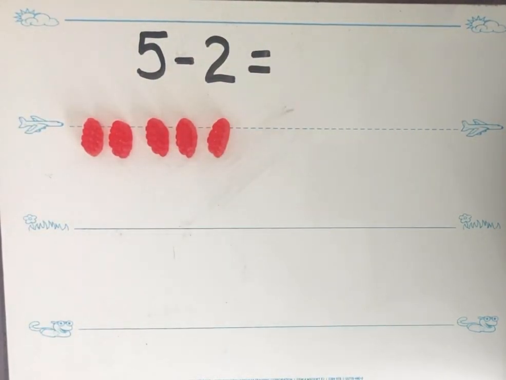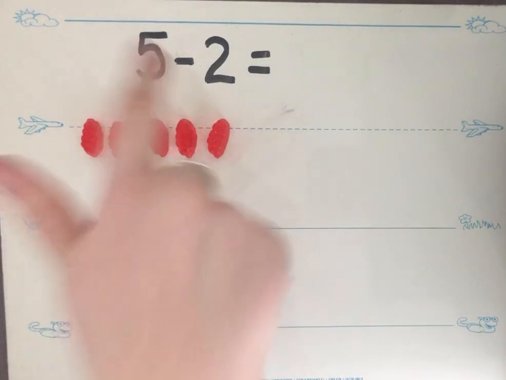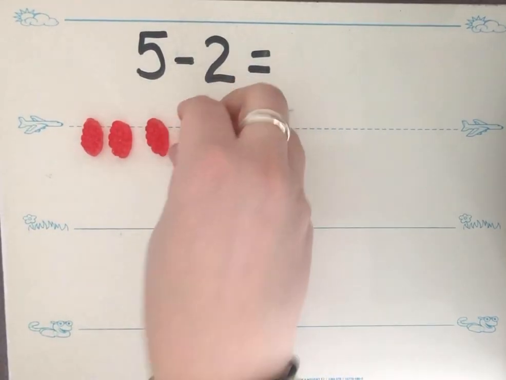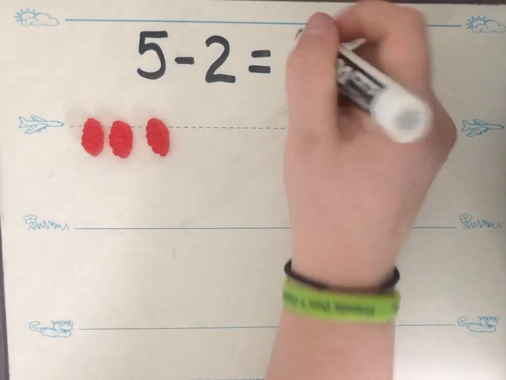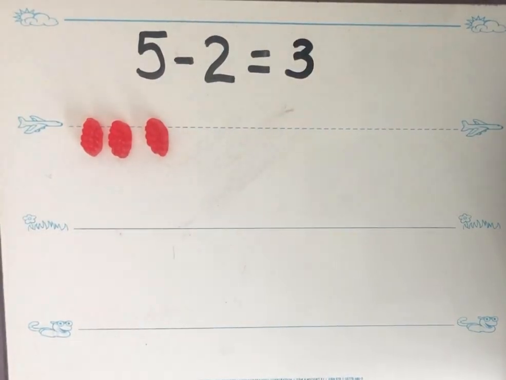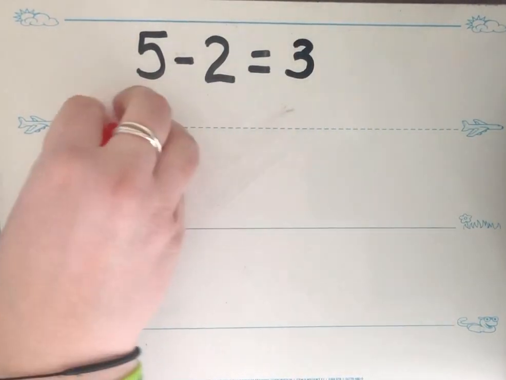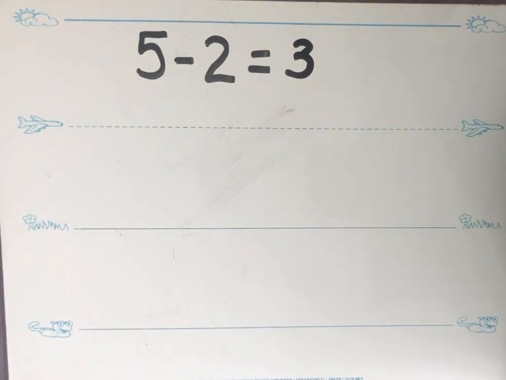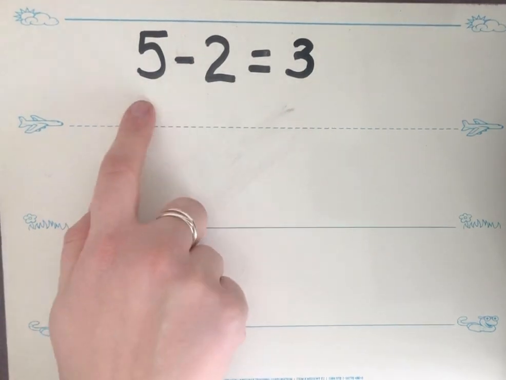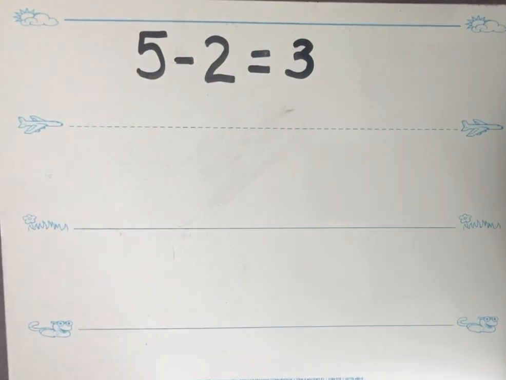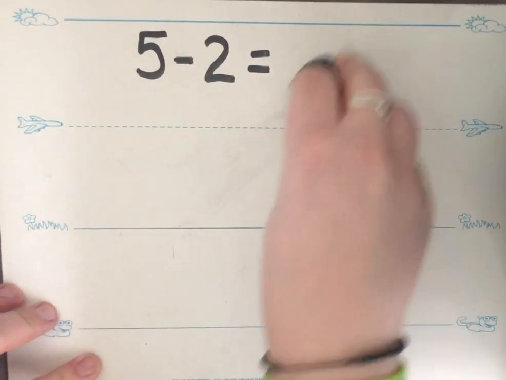And then it's up to them to understand that minus means take away. And then they would also take away the 2. And then again, write the number 3. So for objects or manipulatives, whatever you're using, if you're gonna start off, I would start off with giving them the 5 things and then having them take away. And then have them do it all together, all on their own.